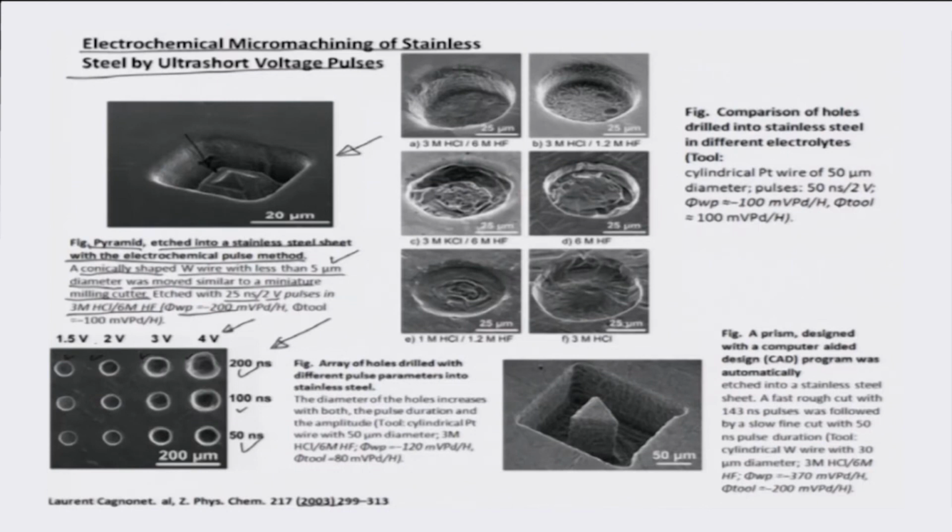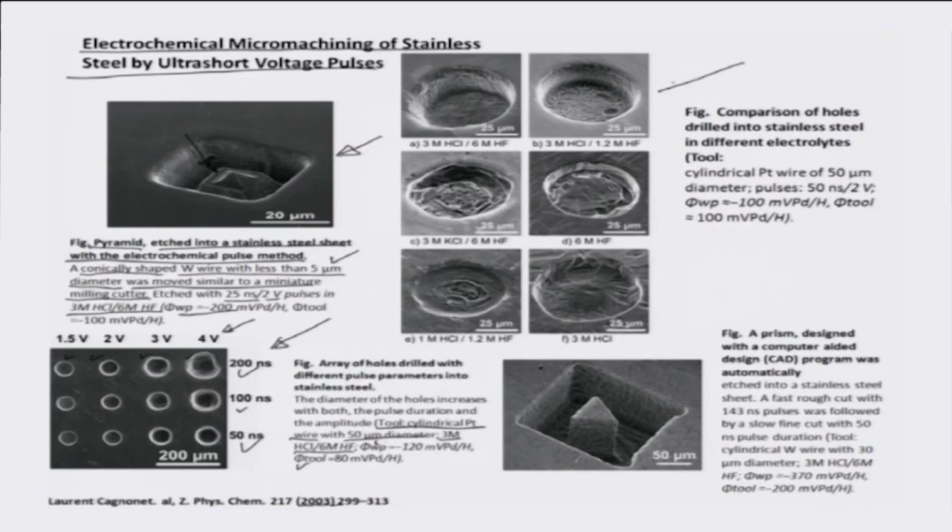In this case, the tool was a cylindrical platinum wire with a tip diameter of 50 microns, and the reported values here indicate what kind of electrolyte was used. It is again an HCl hydrofluoric acid combination, and the workpiece potential and the tool potential are rated as minus 120 and 80 millivolts with respect to a standard hydrogen electrode.